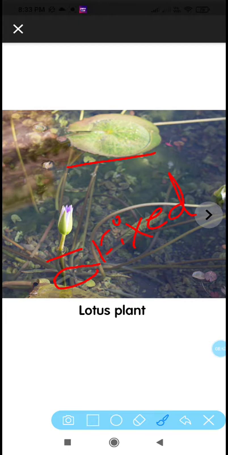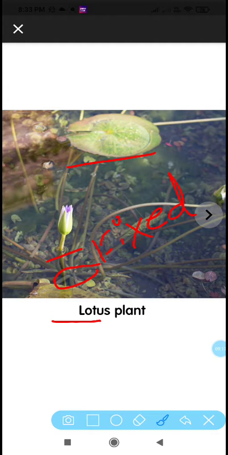So fixed plants, example, lotus plant. These all are aquatic plants only, no doubt. But the only difference is some are fixed plants. They have stomata like the terrestrial plants have.